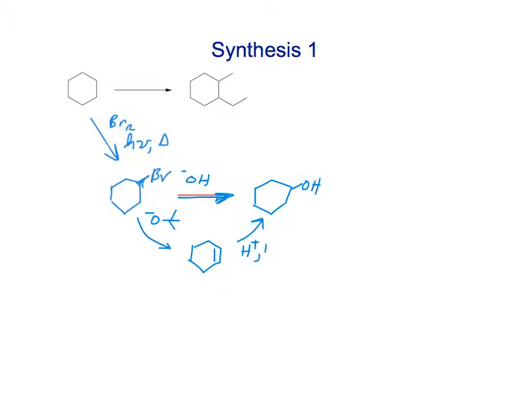H plus and H2O. Remember, it protonates on the double bond to give a carbocation, and water will attack that. So this would be a 2-step way to make it to that alcohol that we wouldn't run the risk of getting an elimination product as well. Well, a mixture of those.